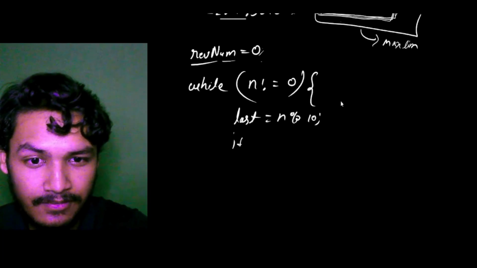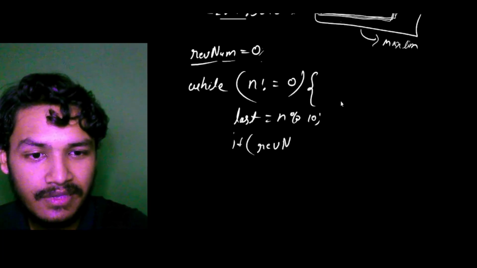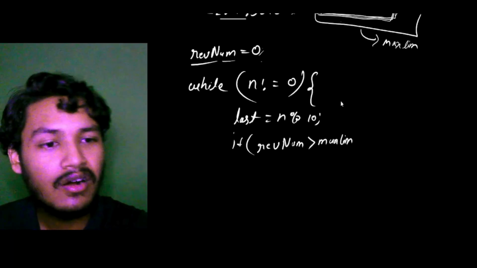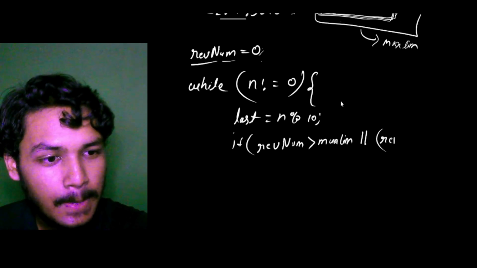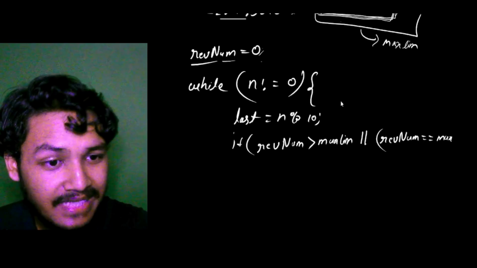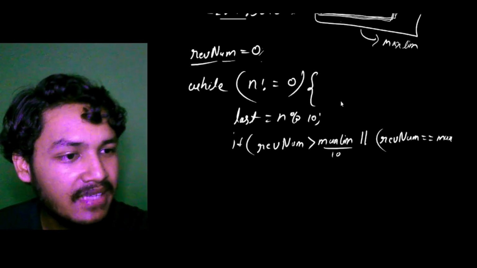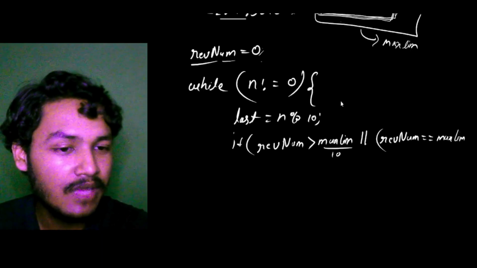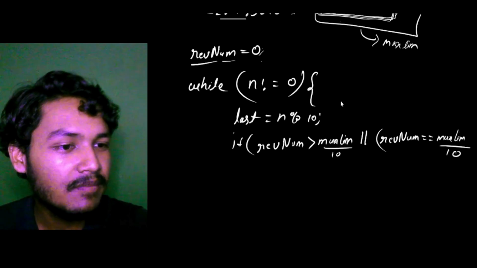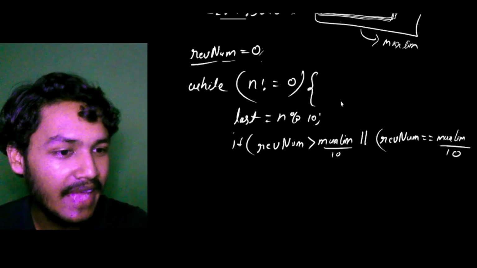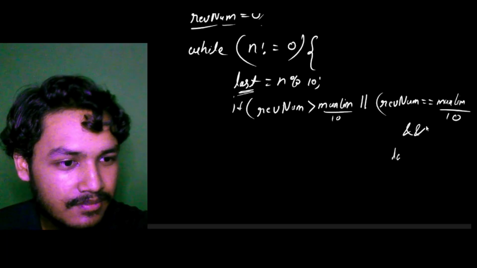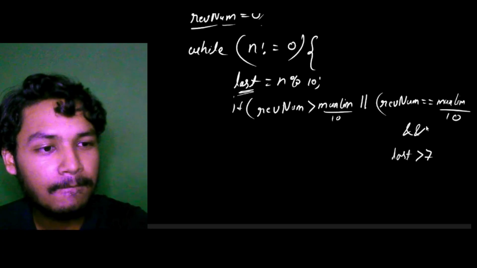We will check if our reverse number is already greater than our max limit divided by 10, or if our reverse number is equal to max limit divided by 10 and our last digit is greater than 7, what will we do?